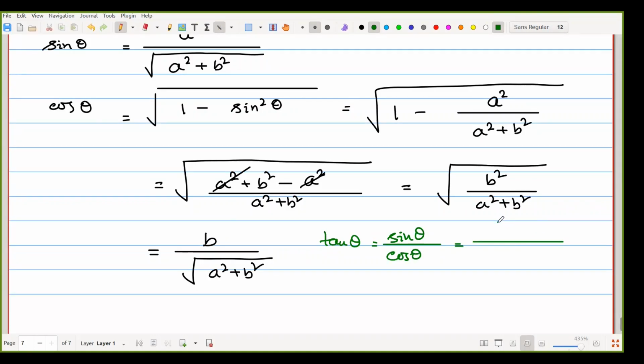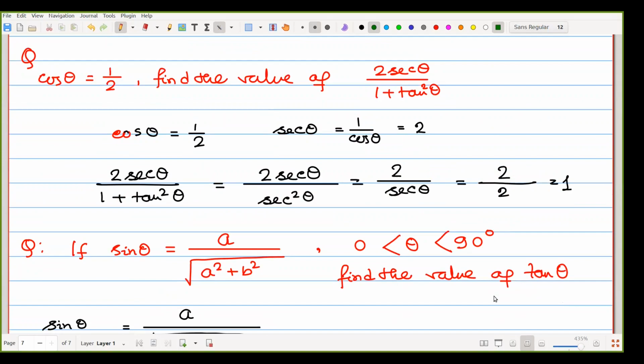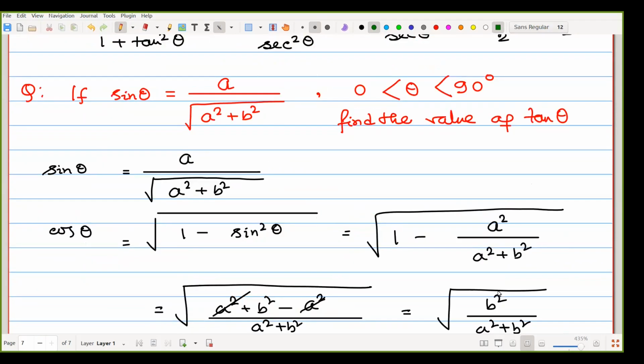So that means a by square root of a square plus b square divided by b by square root of a square plus b square, or the result is a by b. Now up to that, whatever problems we have done, that is simply finding the value of some trigonometrical functions.